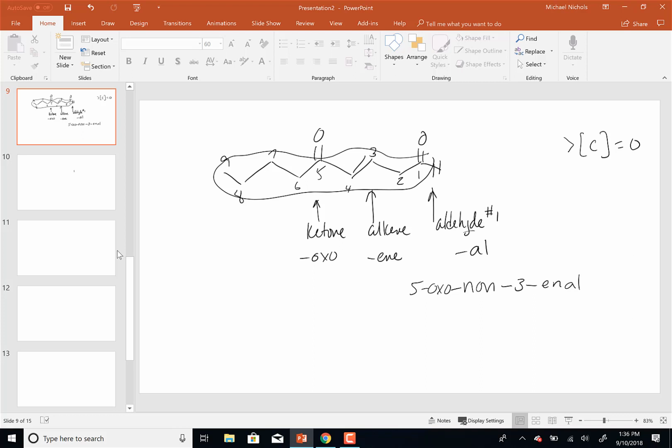Do you need a dash between the oxo and non if there's not a number there? No, but I think they put a dash there. When I grade, it's not a big deal, but I do think there's a dash there. Although you could get away with it either way.